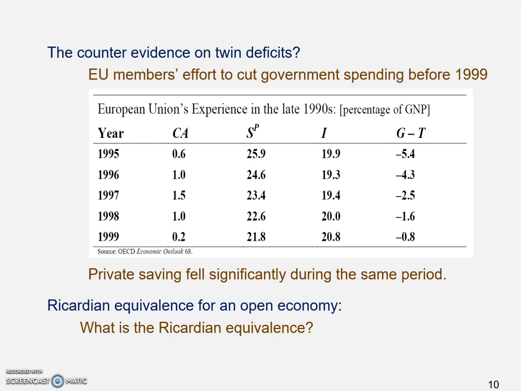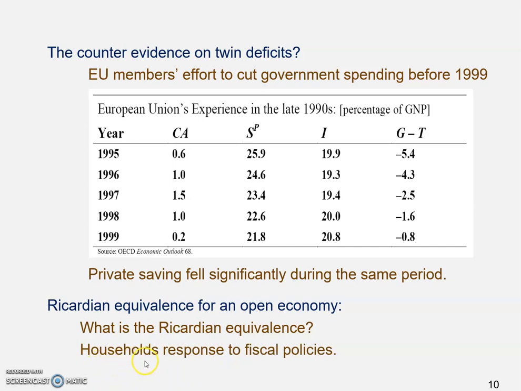In other words, they don't need to pay extra taxes to finance the government budget deficit in the future, like after they join the EU. Because of that, they feel like they have less burden on their shoulders, so they tend to spend more and consume more. That's why their private saving declines.